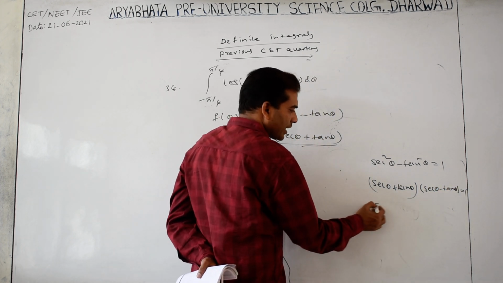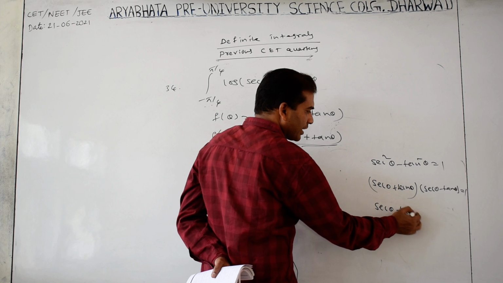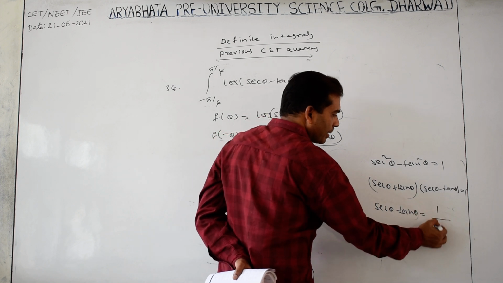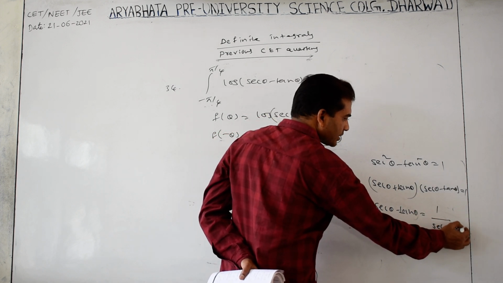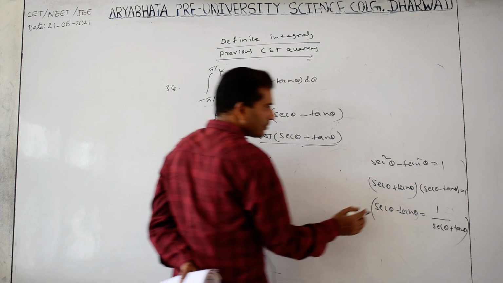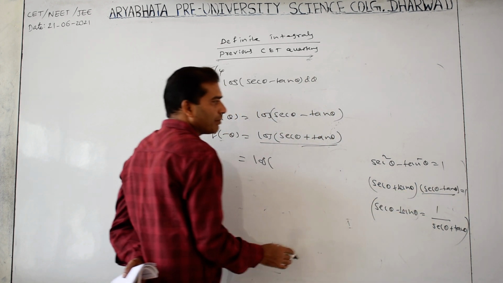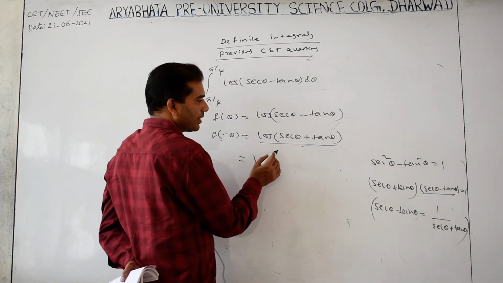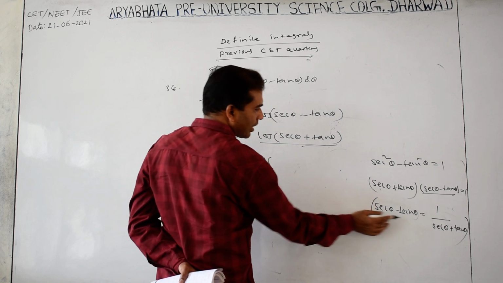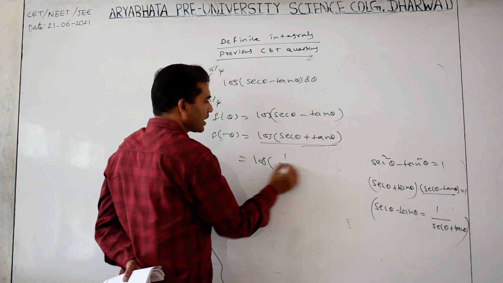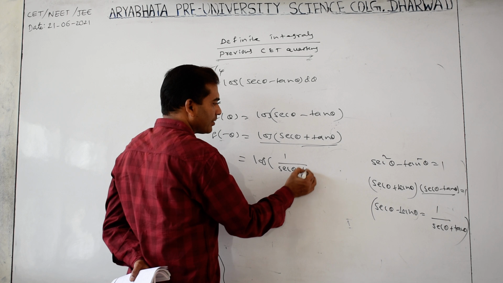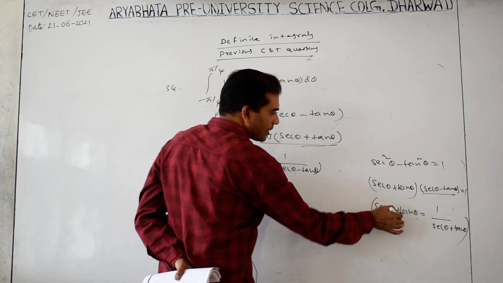Therefore, secant theta plus tan theta equals 1 by sec theta minus tan theta.